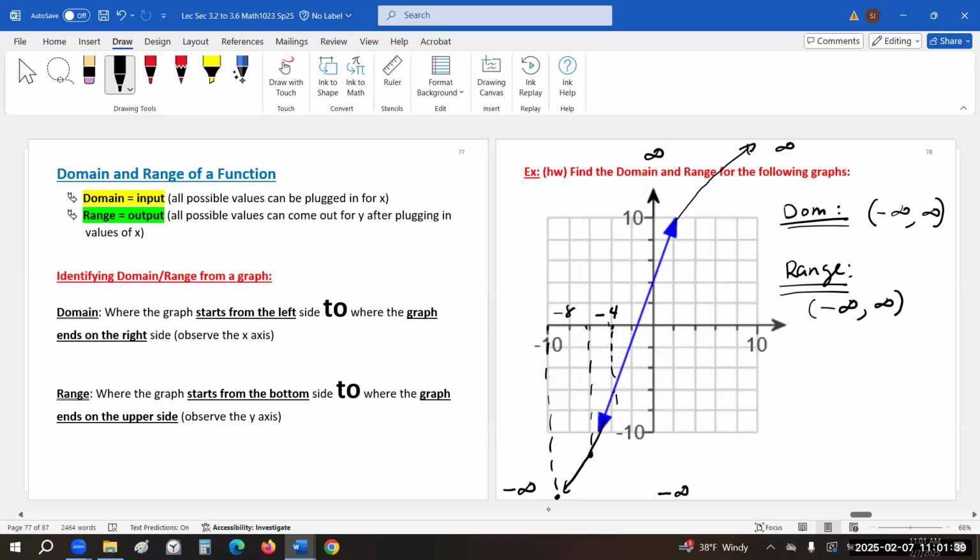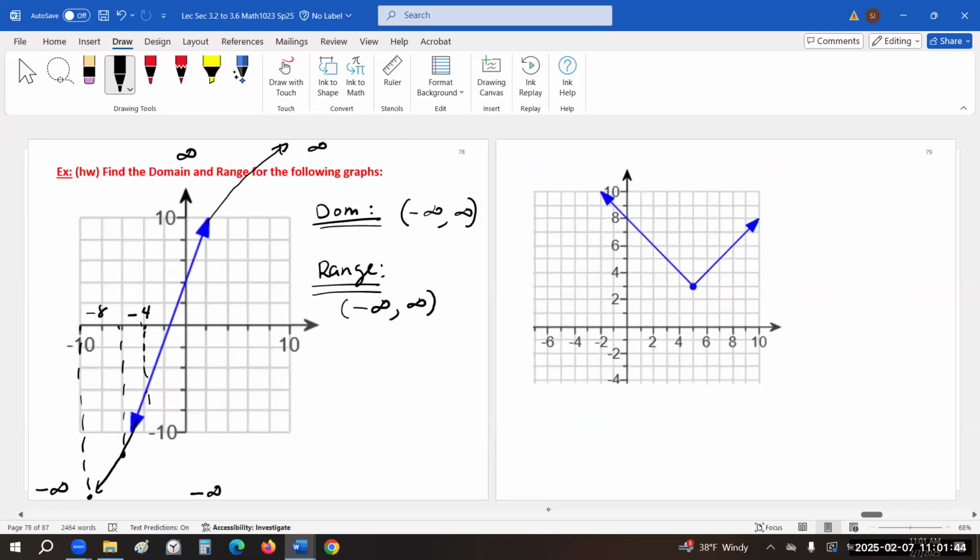Is this clear? Okay, then you try the next one. Find the domain and range.